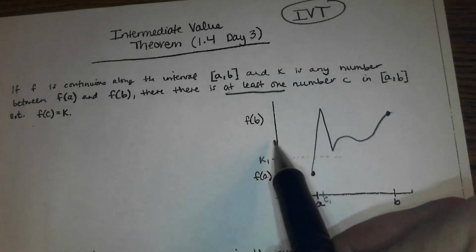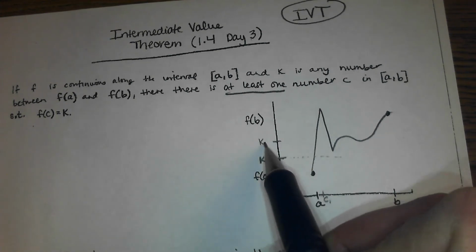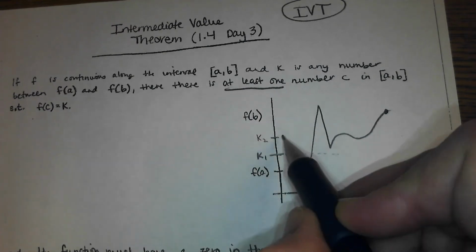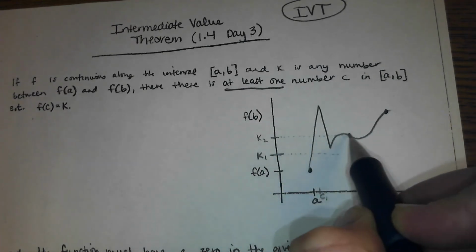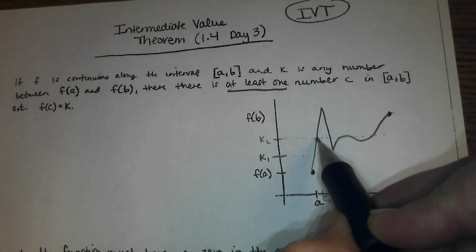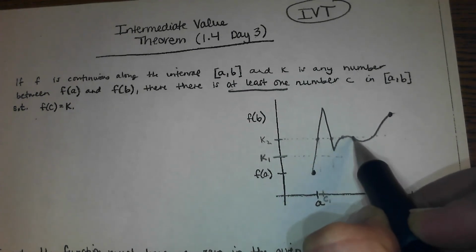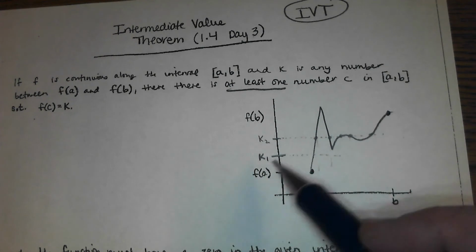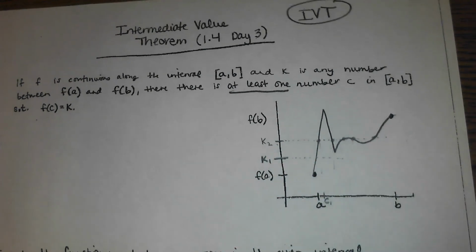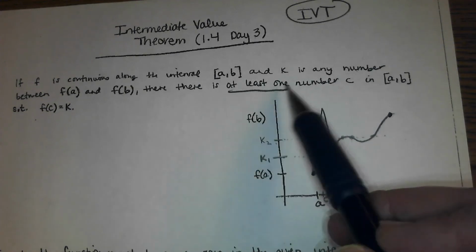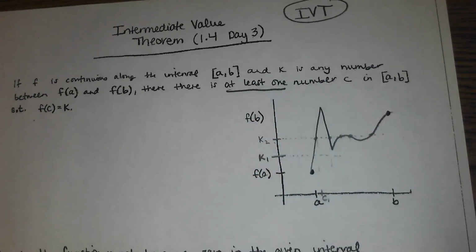If you put your k up here, so I'll do k sub 2, you might have multiple c values that do this. So you'd have a c value here, a c value here, here, and here. So that particular k value has 5 c values that do this, which is fine. It just says at least one. Okay? Does that make sense?